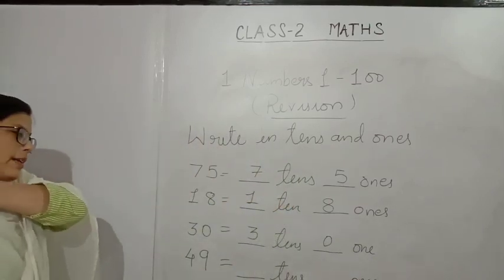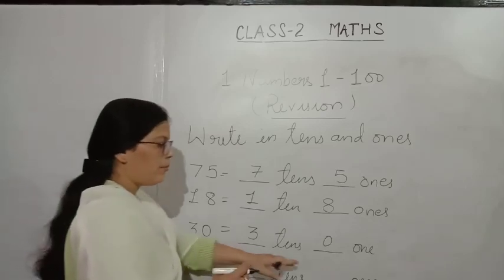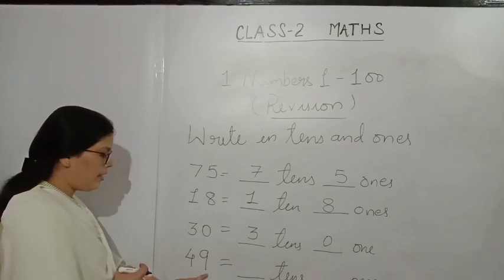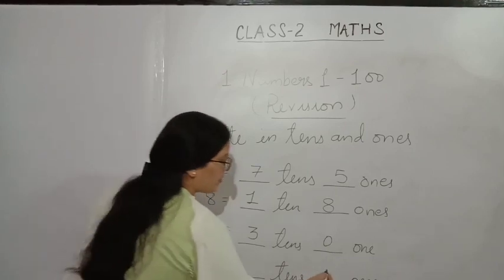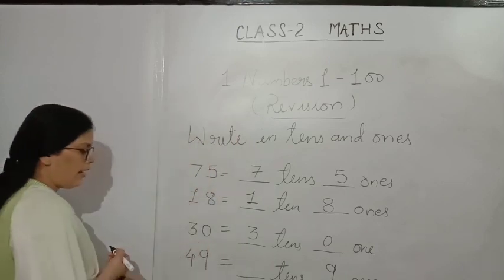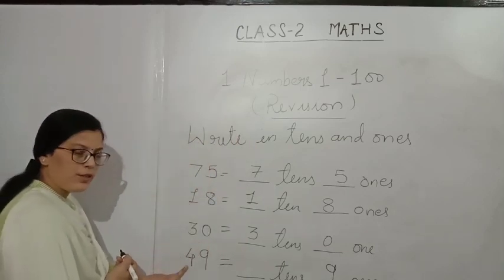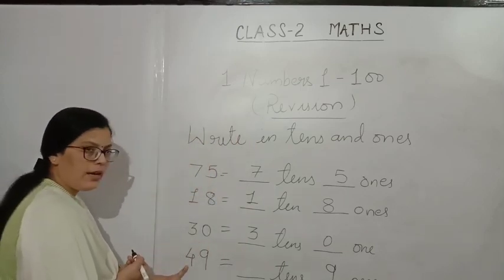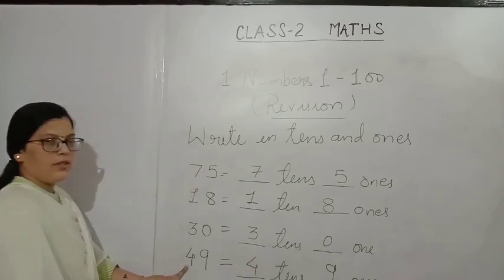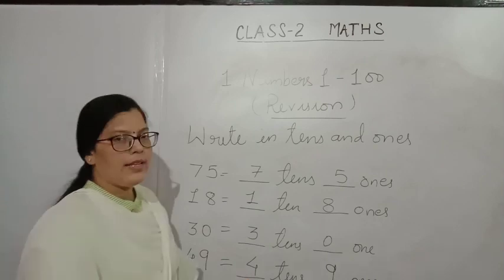Which number will we write at ones place? The number at the right hand side, and that number is 9. 9 is at the right hand side, so it is at ones place. And the other number in 49, that is 4, is at the left hand side, so we'll write it as 4 tens.